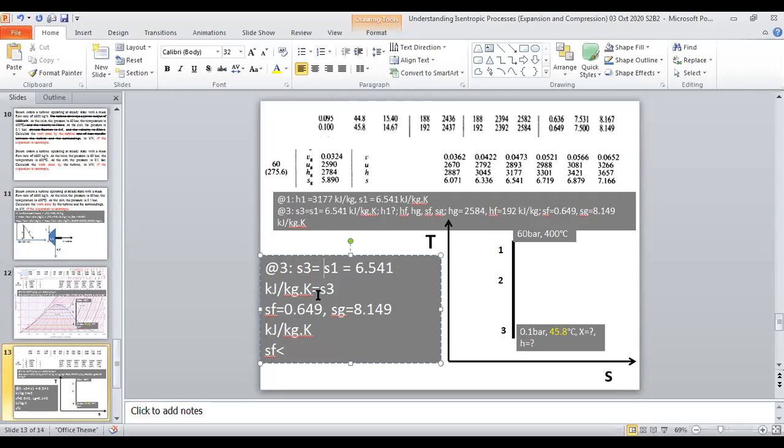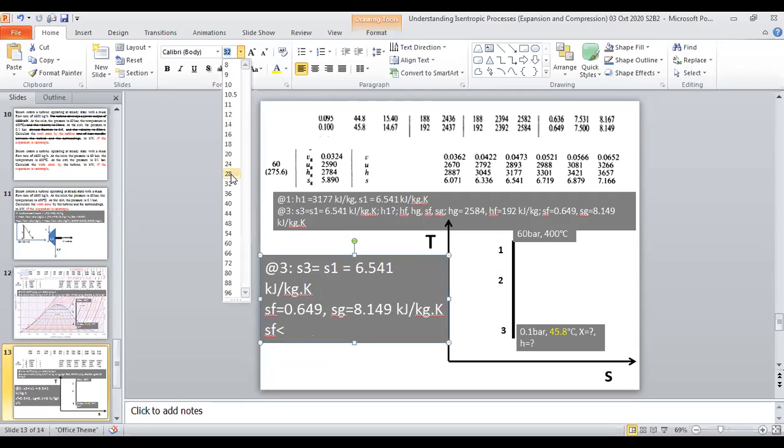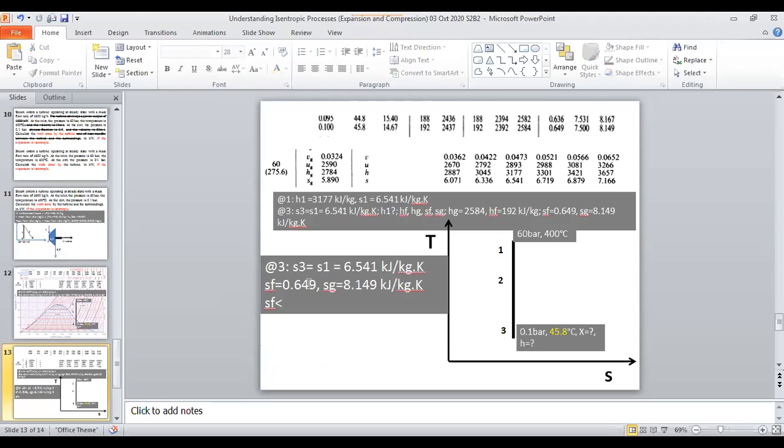Quite interesting. And Sf and Sg are these. So Sf is smaller than S3, and S3 is smaller than Sg.